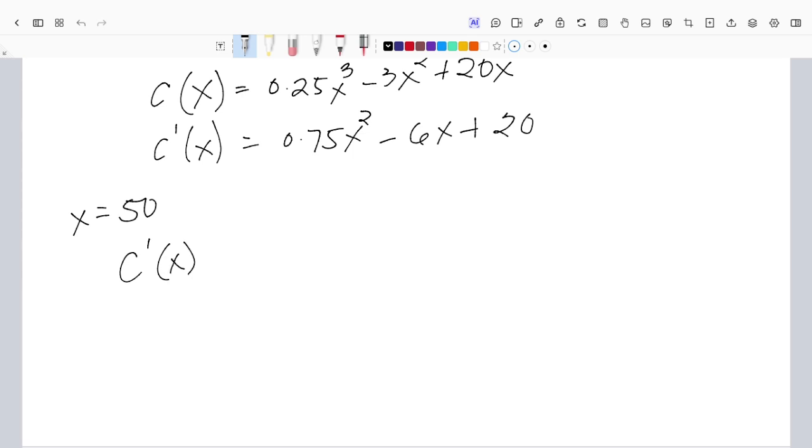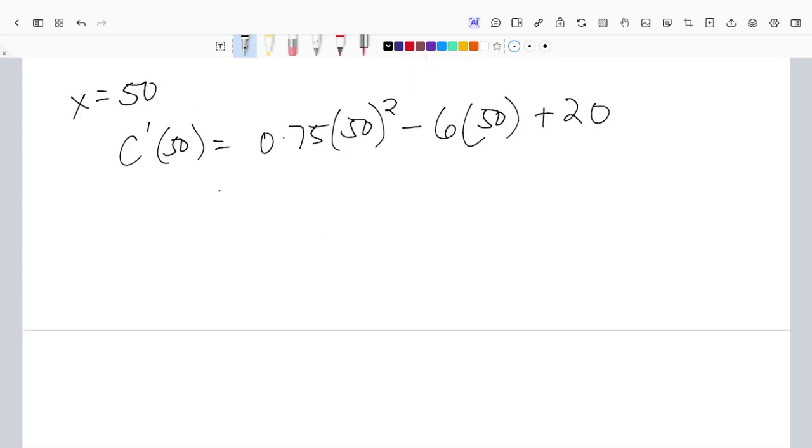C'(50) equals 0.75 times 50 squared, which is 2,500, minus 6 times 50, which is 300, plus 20.